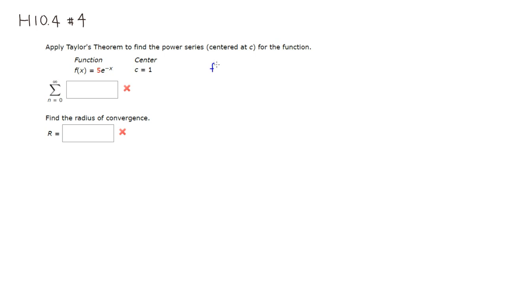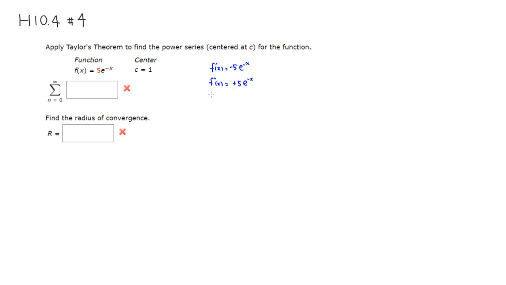So f prime of x is going to be equal to, 5 is just a constant multiple, and the derivative of e to the negative x is negative e to the negative x. And the second derivative is going to be, negative 5 is just a constant, the derivative of e to the negative x is negative e to the negative x, so this is going to be positive.